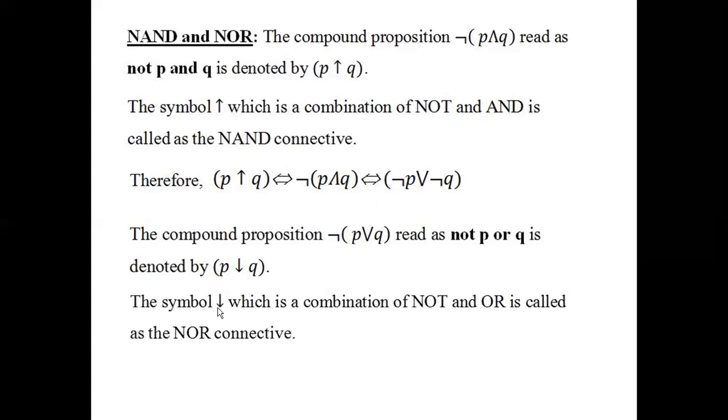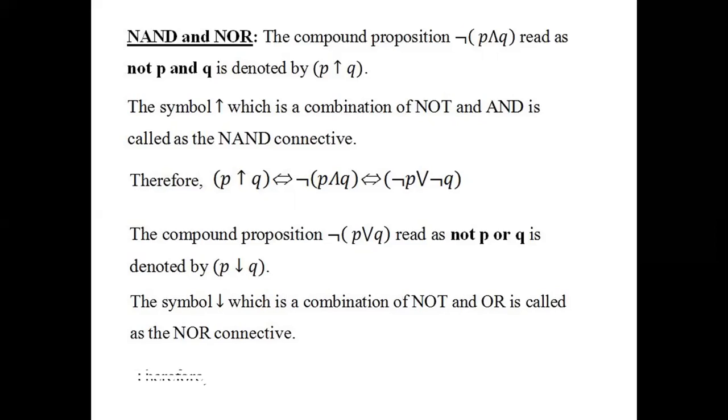The symbol down arrow, which is a combination of not and or, is called the NOR connective. So NOR is a combination of not and or. That is the reason we have negation, not, and P or Q. So negation of P or Q gives us P NOR Q, which is symbolically the down arrow.